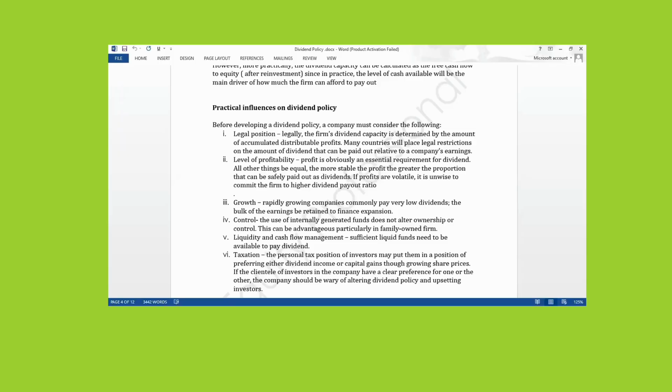Taxation will have impact on dividends. If the tax rate is high, that will reduce profit available for distribution.